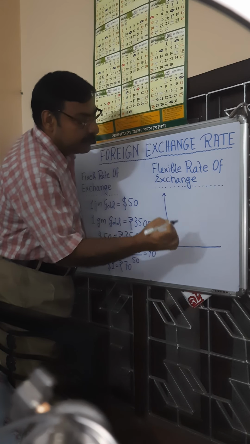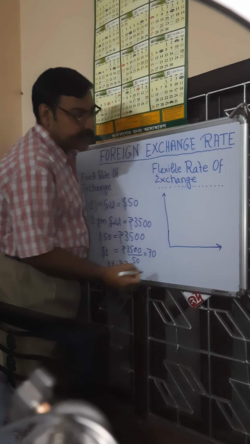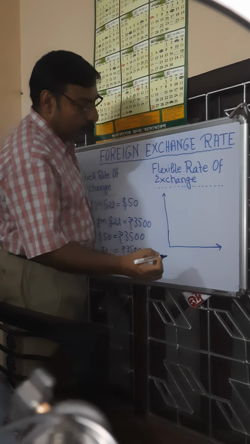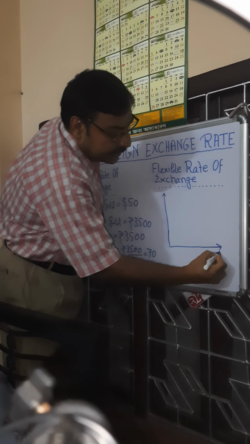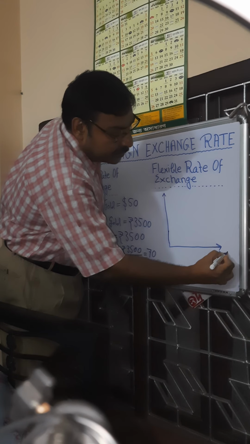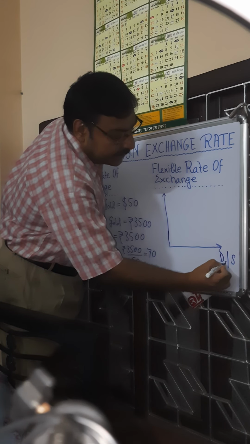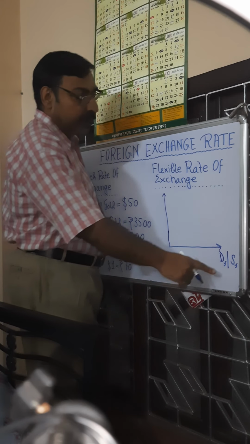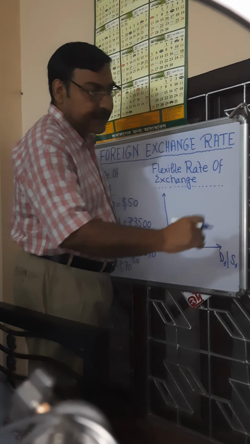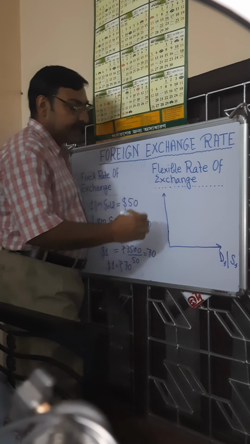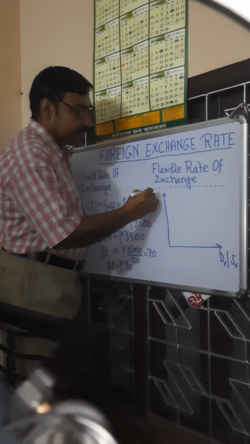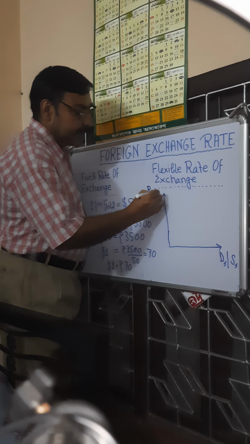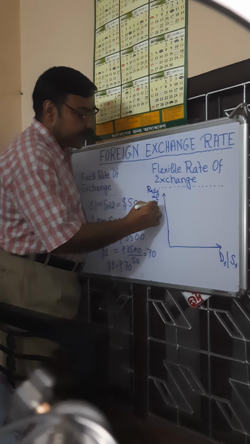Suppose in horizontal axis we are measuring demand for or supply of foreign currency. DF for demand for foreign currency, SF means supply of foreign currency. And in vertical axis we are measuring rate of exchange.